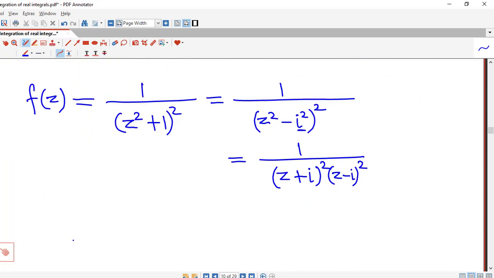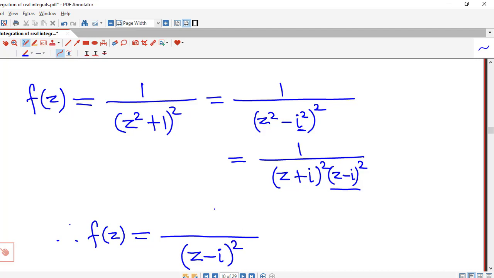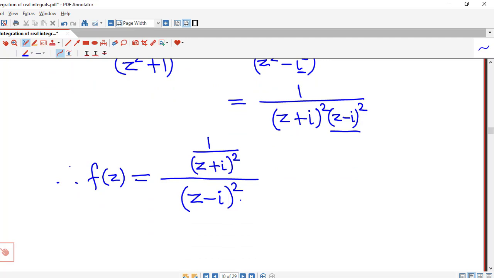So what we will do is we keep this quantity (z minus i) whole square in the denominator, and here we consider 1 over (z plus i) whole square. If you are not familiar with residues, you can watch my lectures on residues.